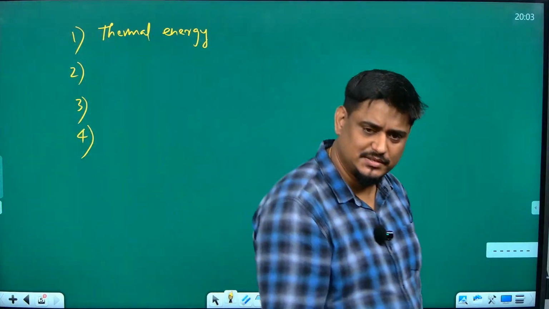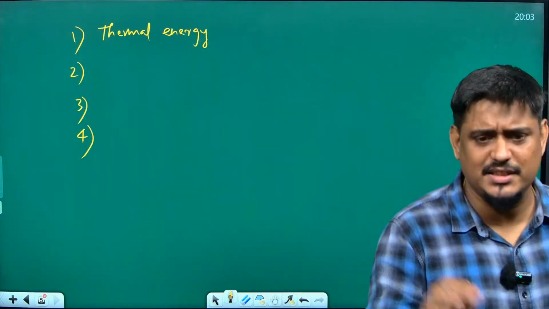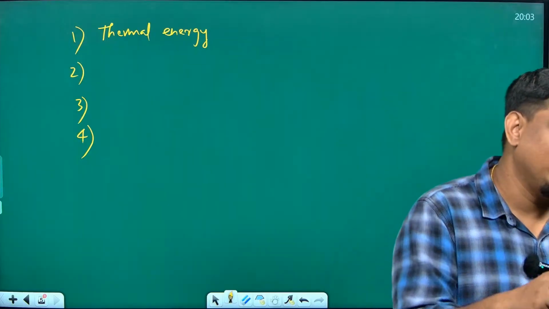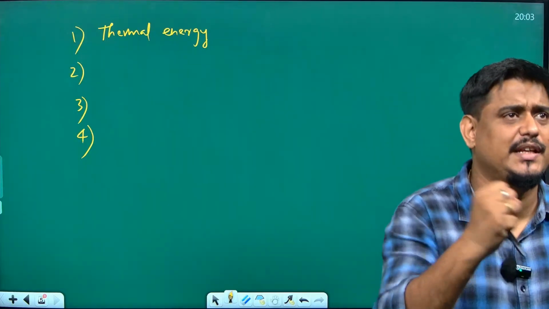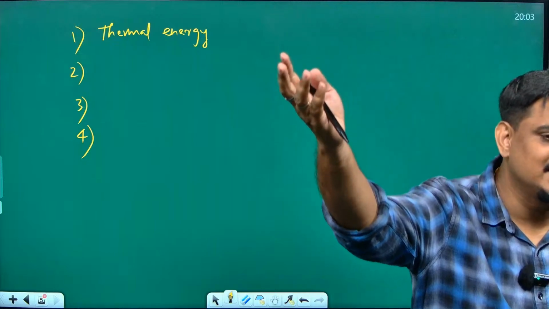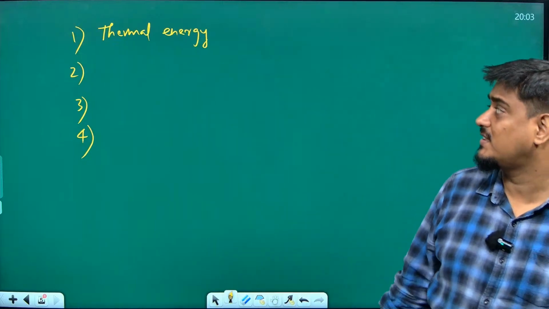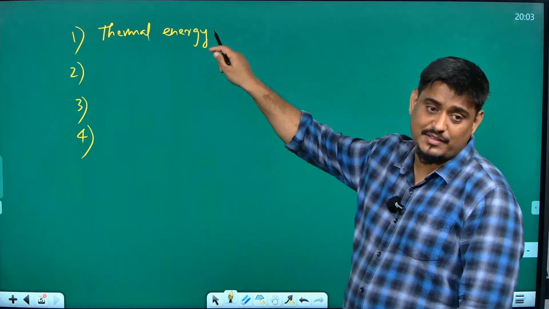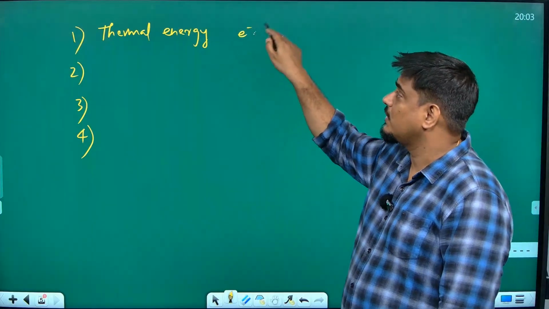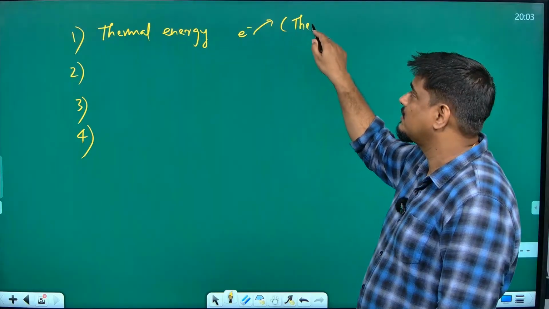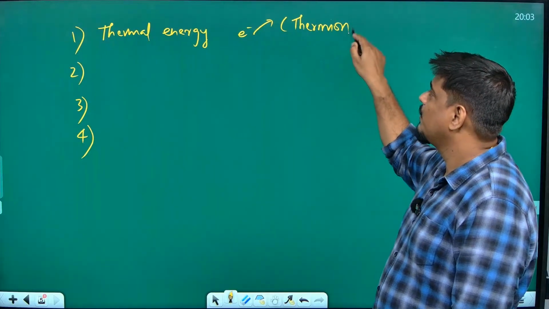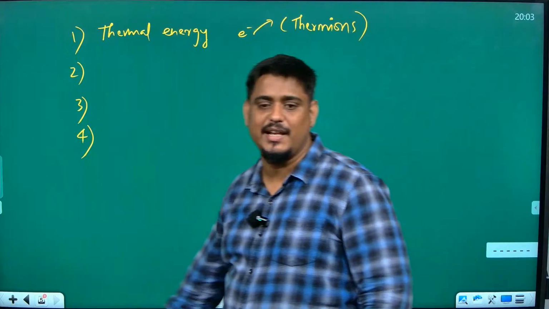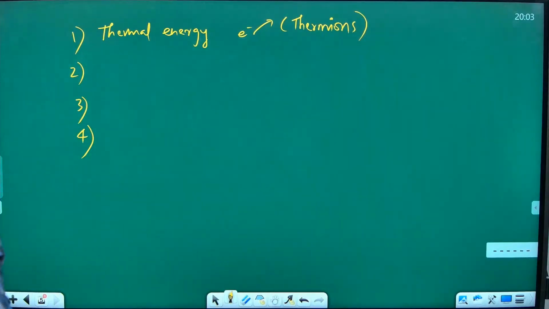Heat the element. If you're heating the element, you're supplying energy, and after a lot of vibration because of the heat energy, the electron may get ejected. That is called thermal emission, and the electrons coming out are called thermions, because they have been ejected with the help of thermal energy.